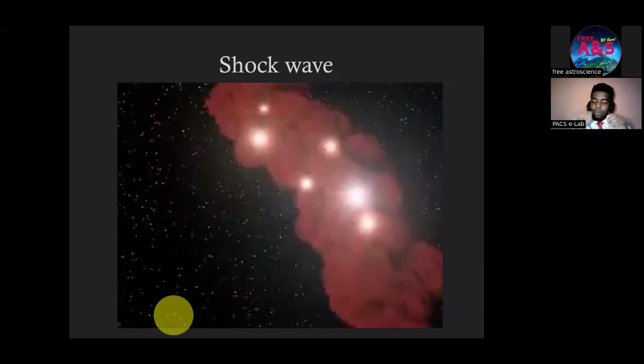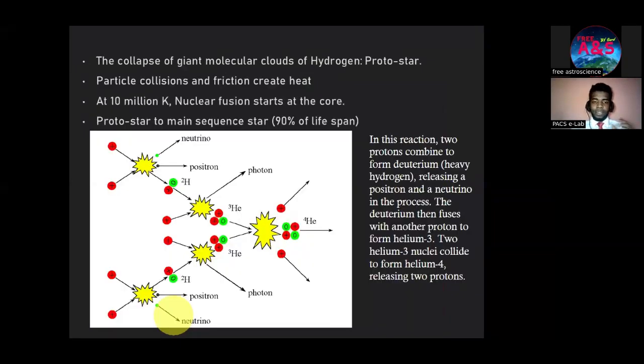Some regions will have more mass, and those regions will begin to attract other gas and dust to become bigger, and that is what we call the collapse of the giant molecular cloud.